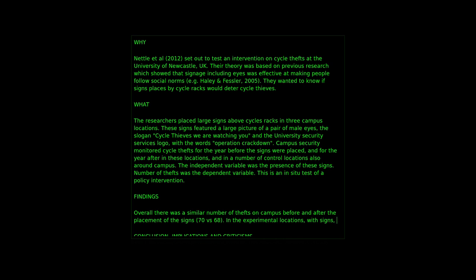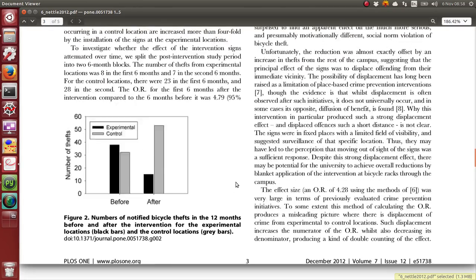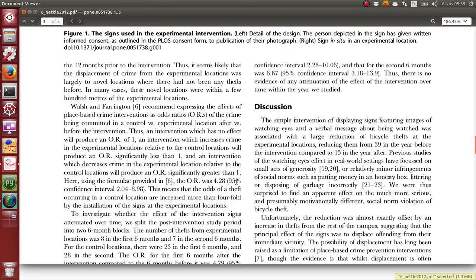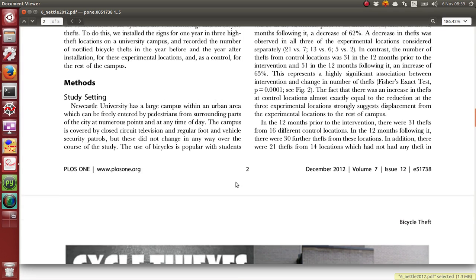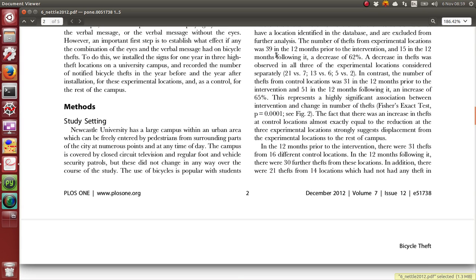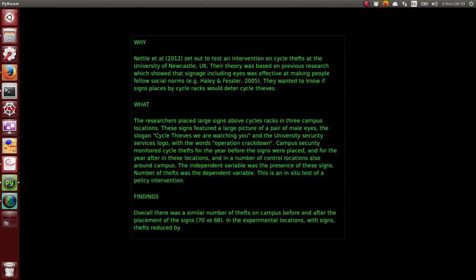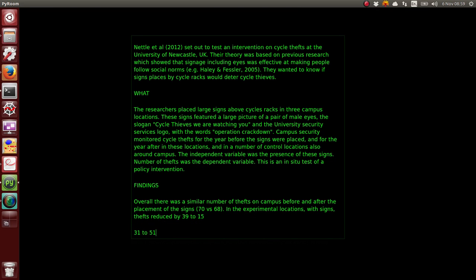Experimental locations with signs, thefts reduced by 39 to 15, and then in the other locations 31 to 51. 51, right?